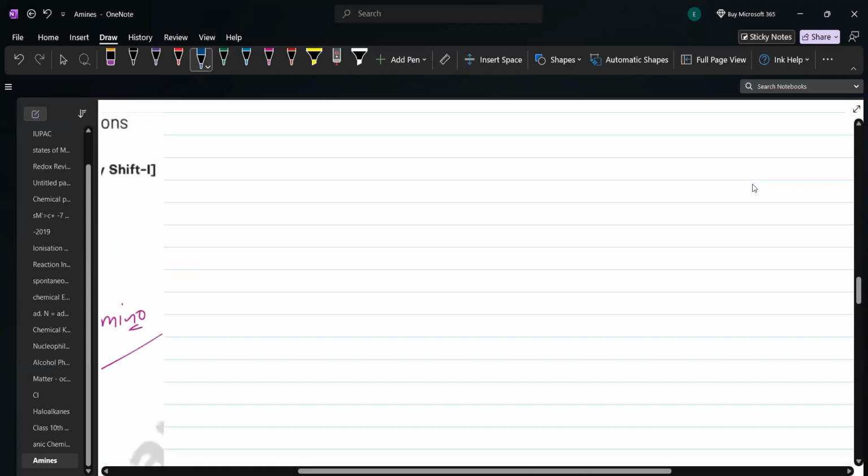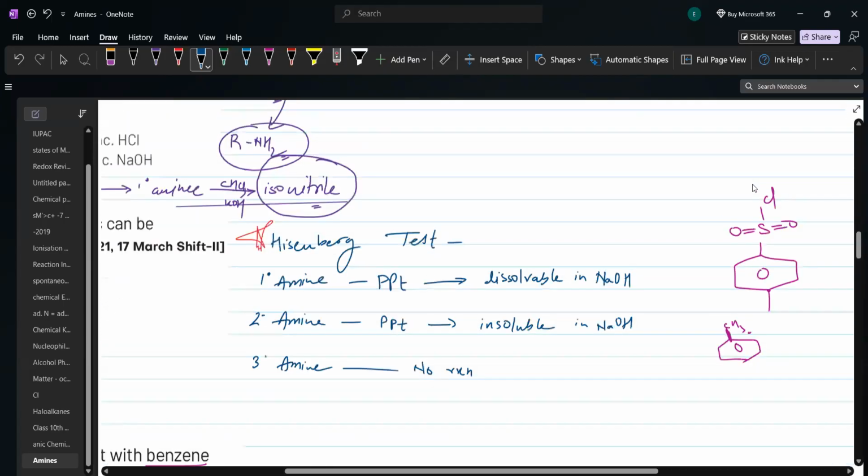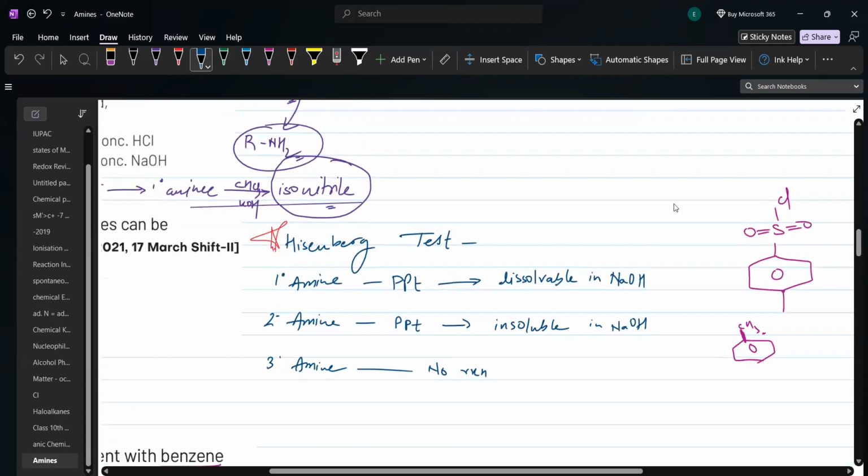Sorry, in this one, the Hinsberg reagent is this only.